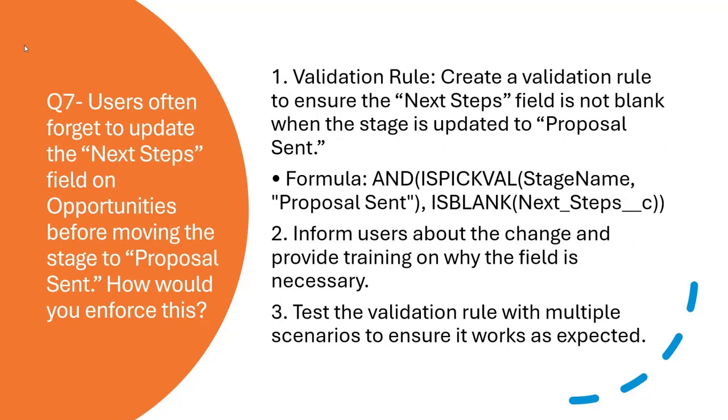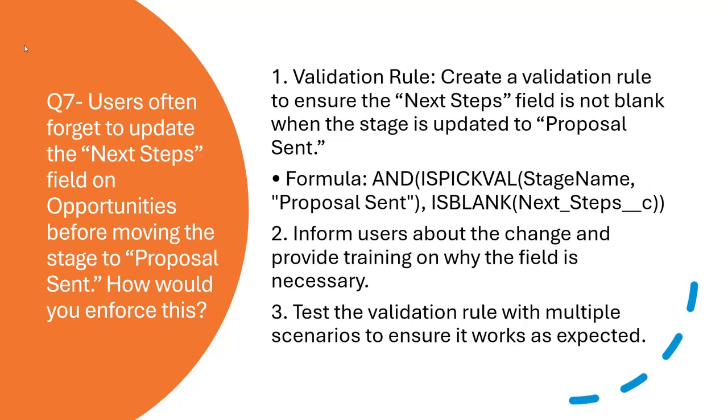Question 7. Users often forget to update the next step field on opportunity before moving the stage to proposal sent. How would you ensure this? So to accommodate this requirement, I'll basically go with a validation rule. So I'll create a validation rule to ensure the next steps field is not blank when the stage is updated to proposal sent.